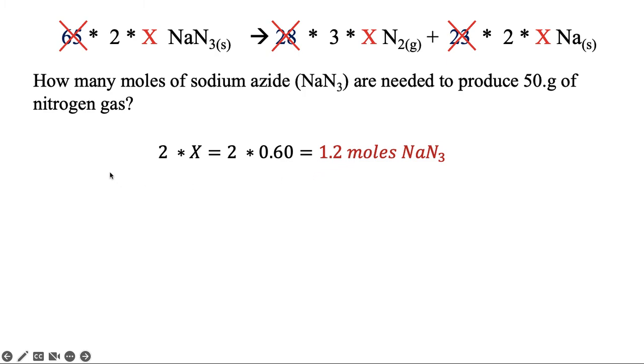Just for the moles, remember that you don't need to multiply by the molar mass. You can just substitute the X in the product using just the molar coefficient. So 2 times X in this case, without the 65, is equal to 2 times 0.6, which is the value for X from the previous slide, and I get 1.2 moles.